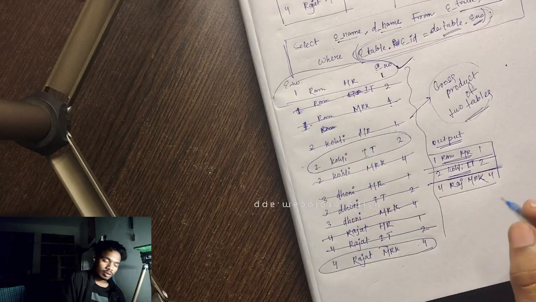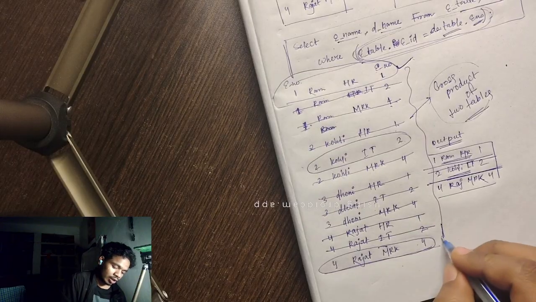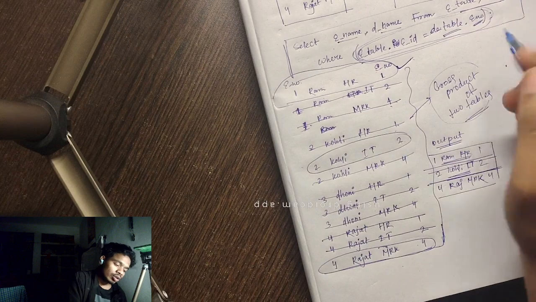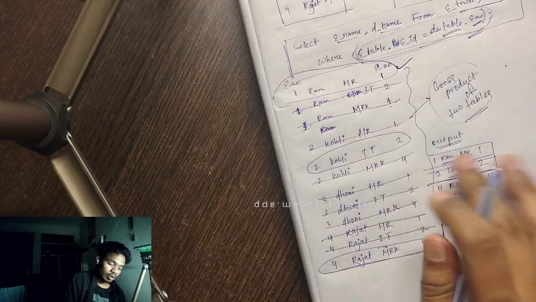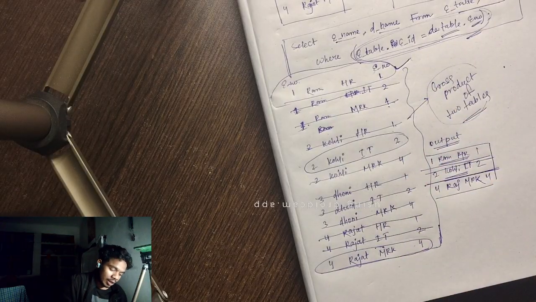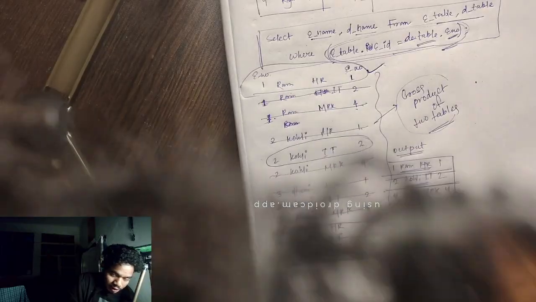So at the end, we did it with cross join plus some condition. What can we write this as? We can write this as select.